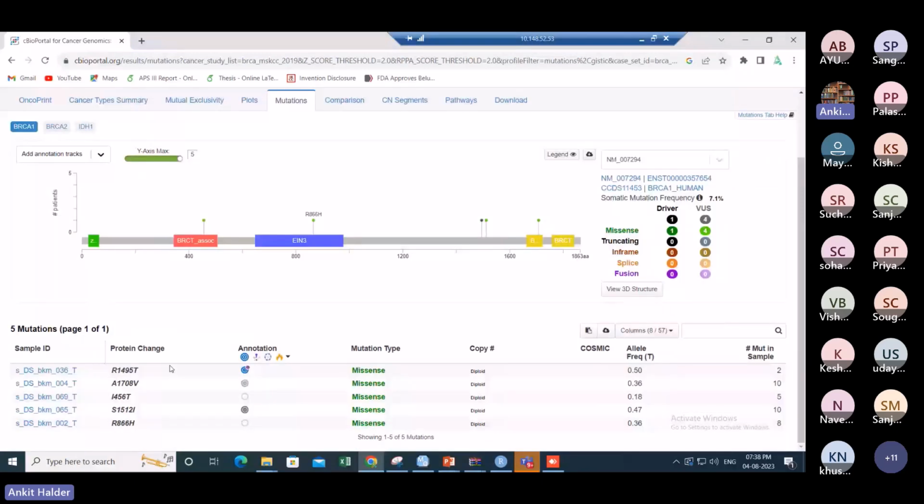If you explore along with that in COSMIC and the allele frequency, you can see how many mutations are there in the sample. All these things you can find for each disease: the missense, the truncating, the in-frame, the splice, the fusions, or whatever. You can try to find and explore here.